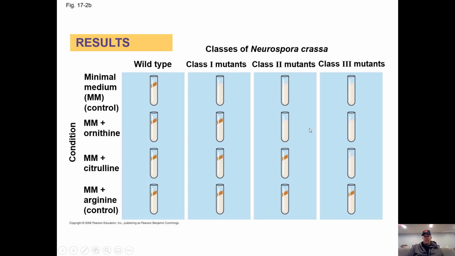For class 3 mutants, whatever's converting citrulline into arginine is missing. So this is how they realized that each gene we have makes a certain enzyme that does biochemical pathways or whatever else. Originally it was the one gene, one enzyme hypothesis. Later on, it turns into the one gene, one protein hypothesis.